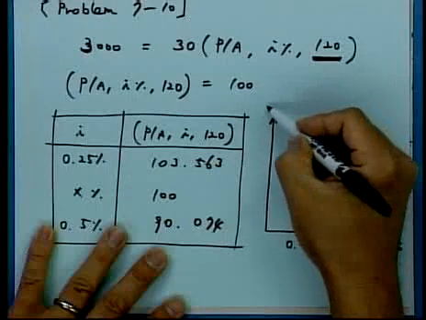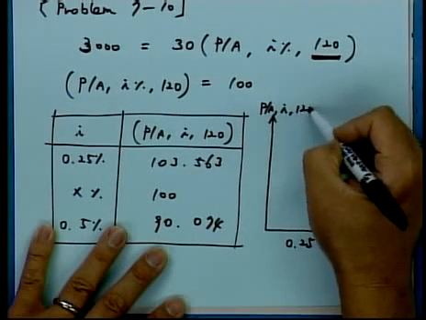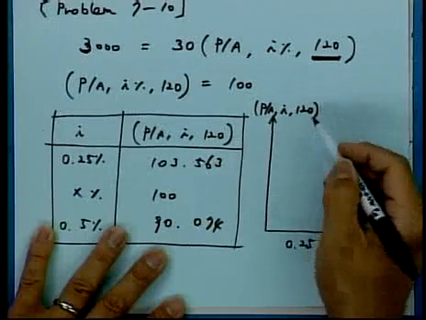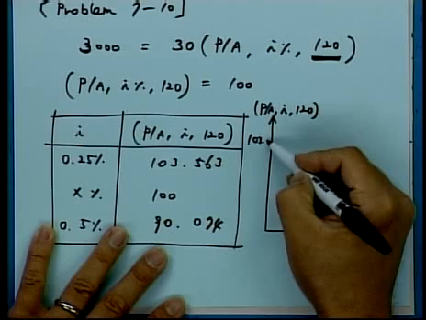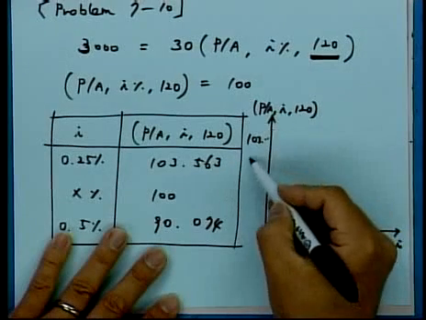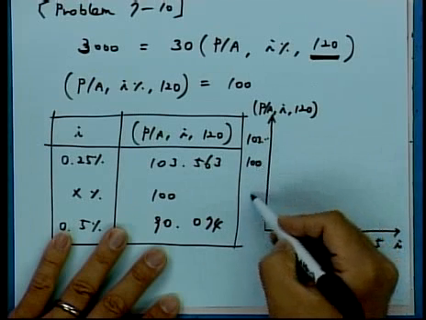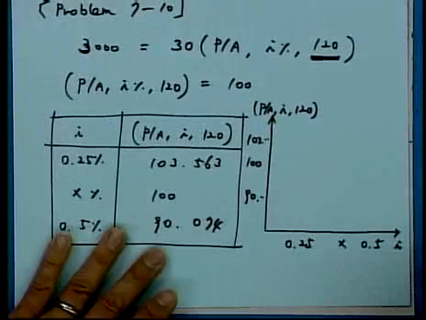The vertical axis is this factor value, which is 103.563 and 90.074 down here.